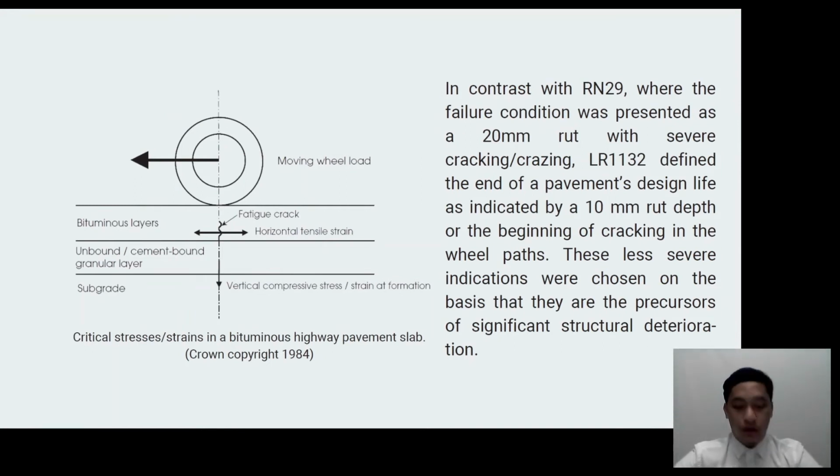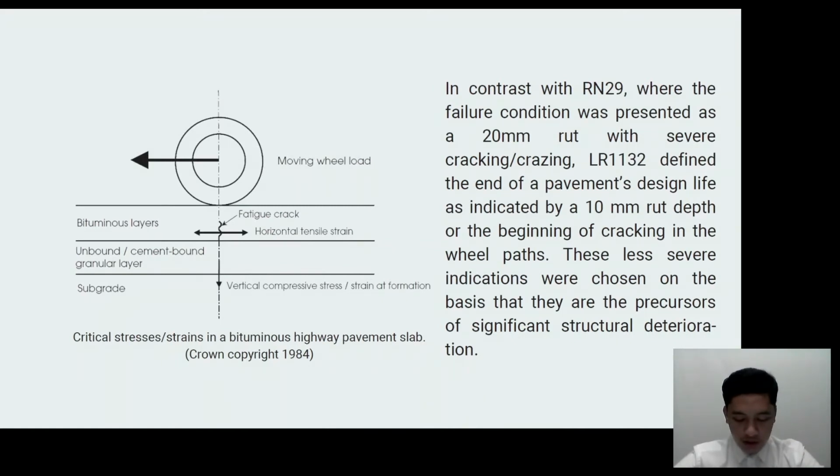In contrast with the RN29, where the failure condition was presented as a 20 millimeter rut with severe cracking, LR1132 defined the end of pavement design life as indicated by a 10 millimeter rut depth or the beginning of cracking in the wheel paths.